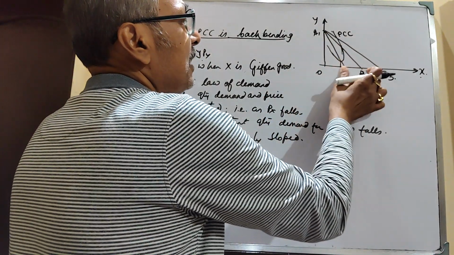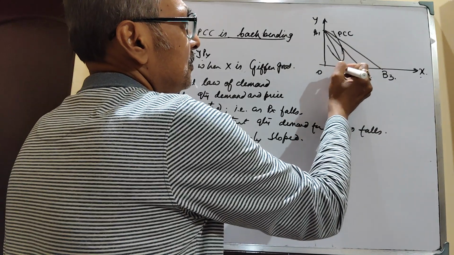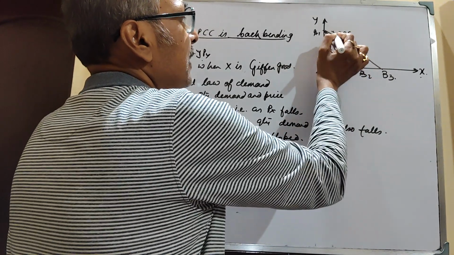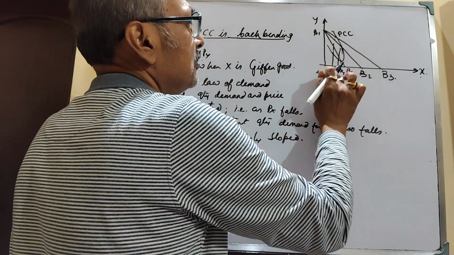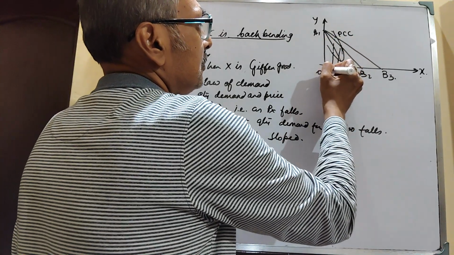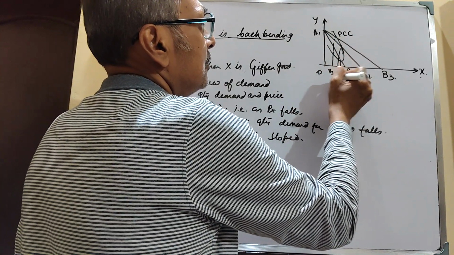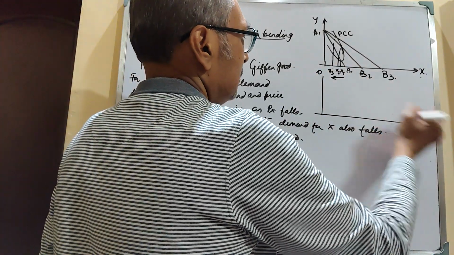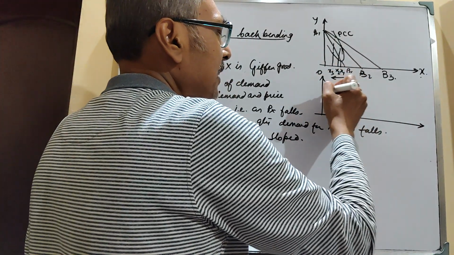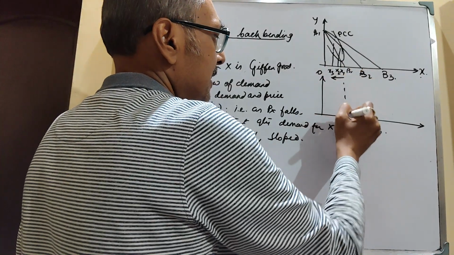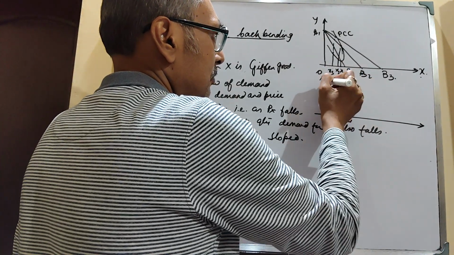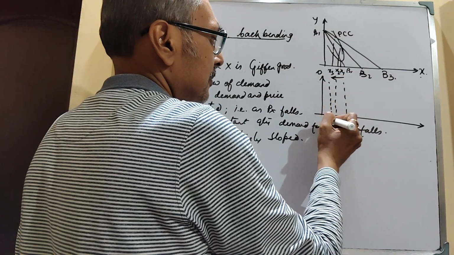Now this is our x1, this is x2, and this is x3. Therefore, the demand curve: this is x1, this is x2, this is x3.